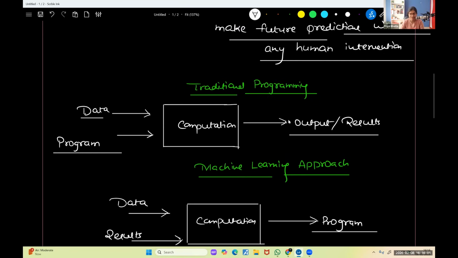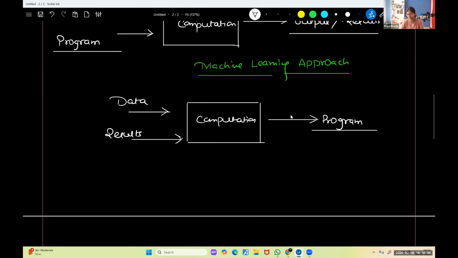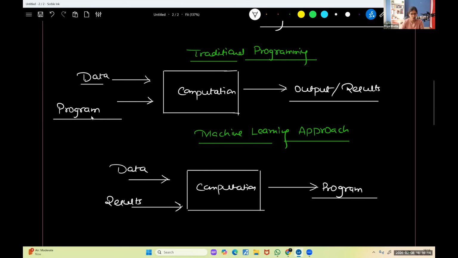So that's the main difference between traditional programming and what we are doing in the machine learning approach. Is this clear to everyone? So over here, the programmer will write some explicit rules in traditional programming, and based on that, we will be getting the output. In the machine learning approach, it's not the core responsibility of a programmer.